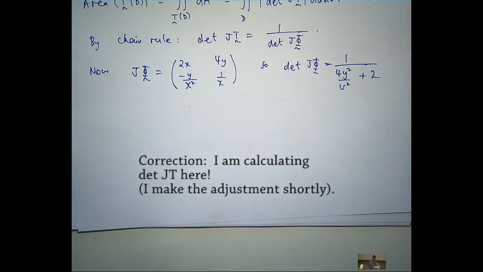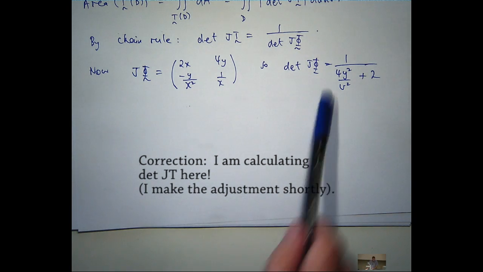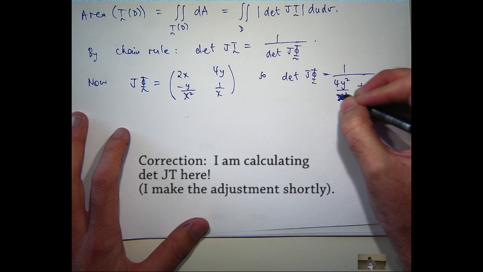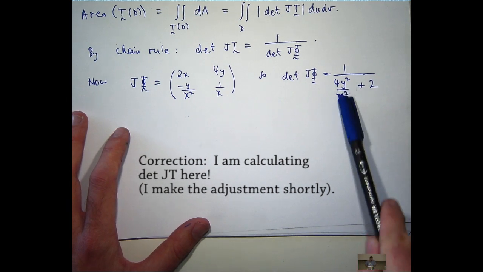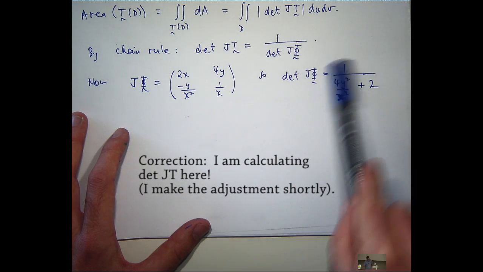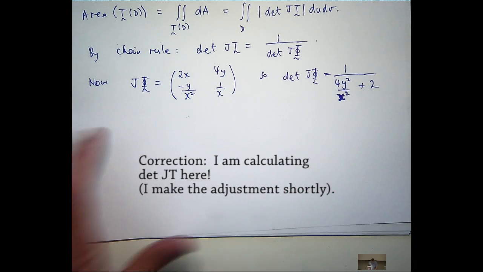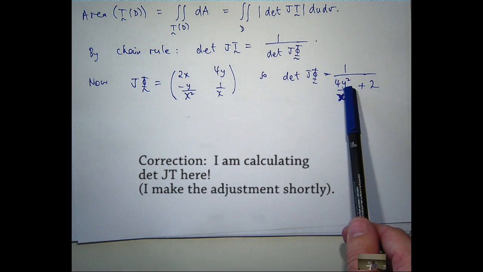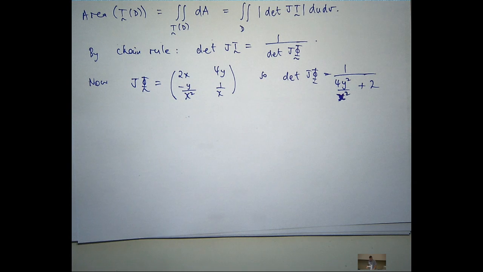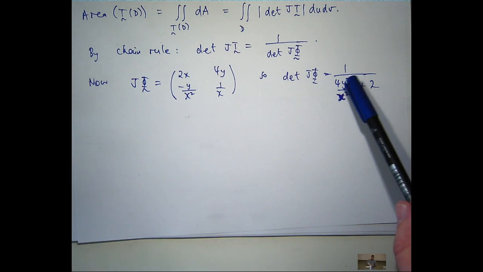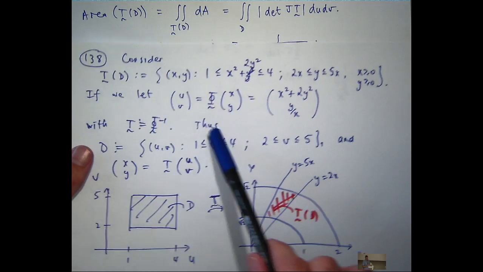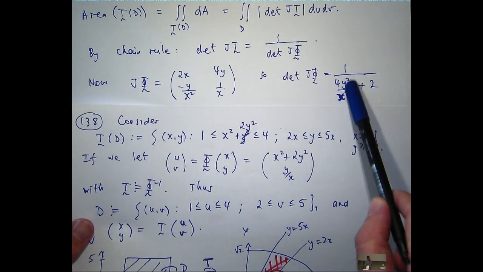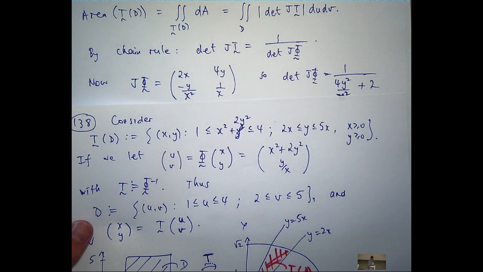Now, the problem with this is that I really want that y squared on x squared, sorry. The problem with this is that up here, you want this thing in terms of u and v, and I don't have it there, I've only got it in terms of x and y. But for this particular example, I can just sub out y on x because I know v equals y on x. So I can just replace this with 4v squared.